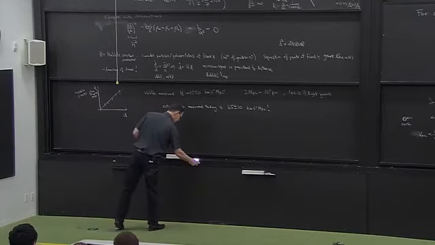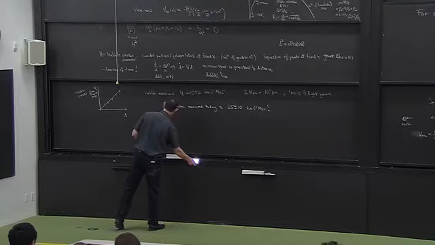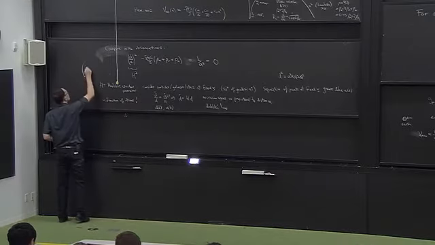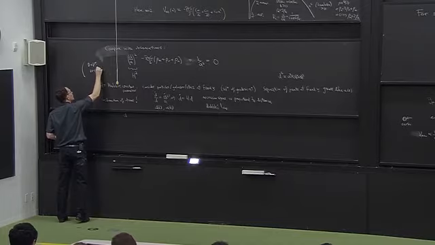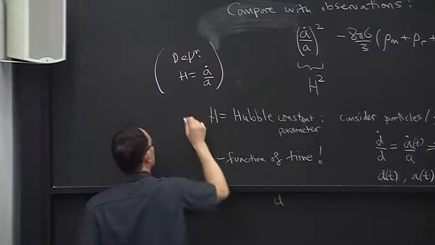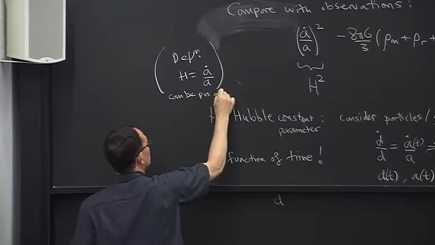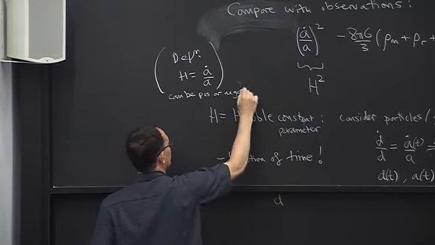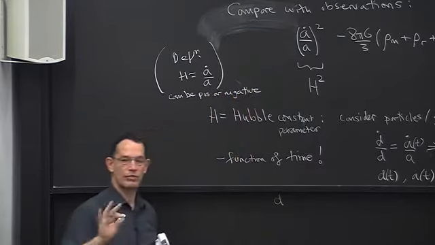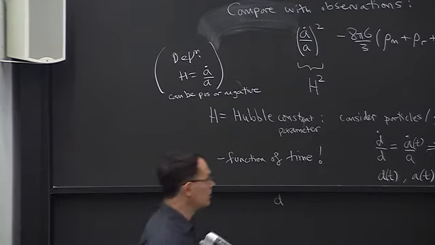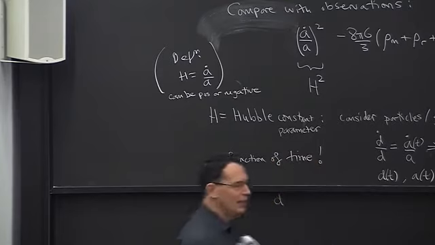Let me define H. By definition, H is equal to A dot over A. Okay, can be positive or negative. So we just define it to be the expansion rate of the universe, and if it's negative, we interpret that as the collapse rate of the universe.